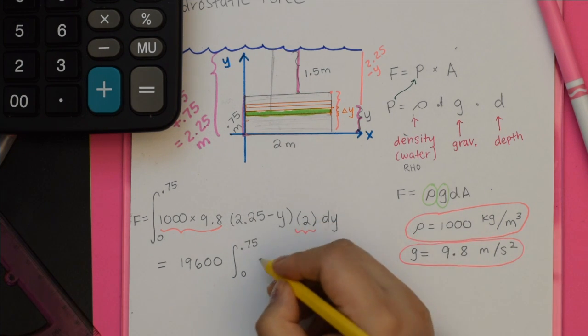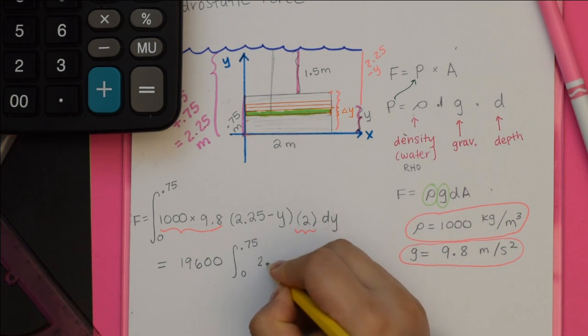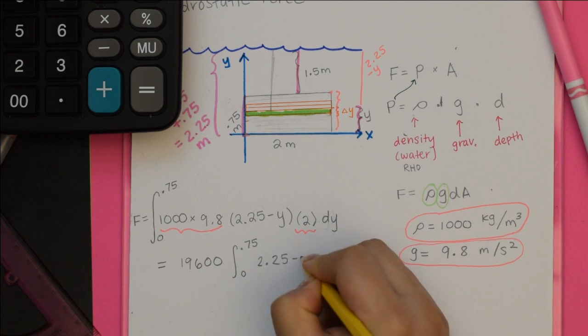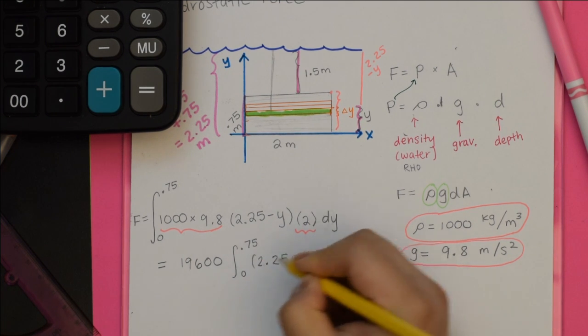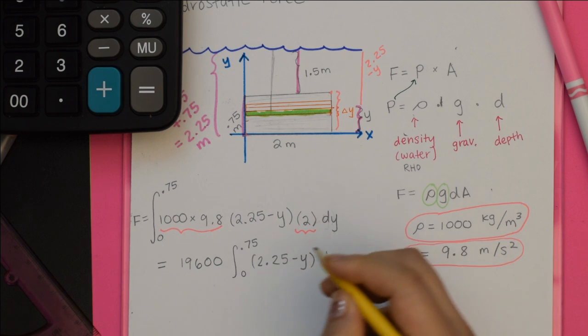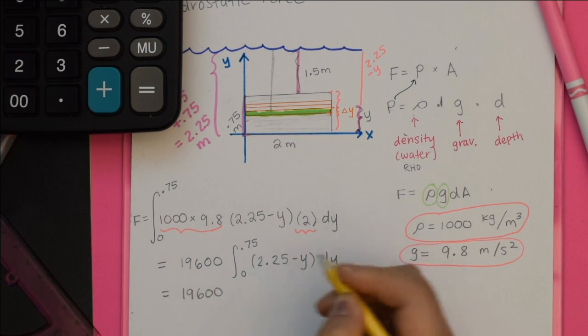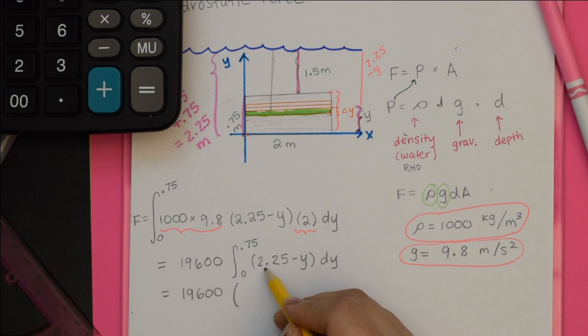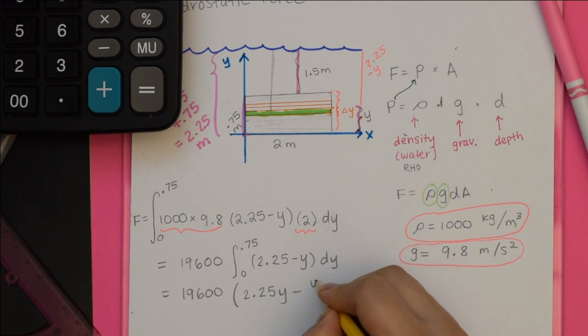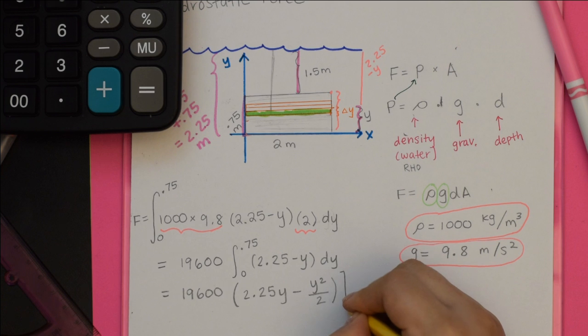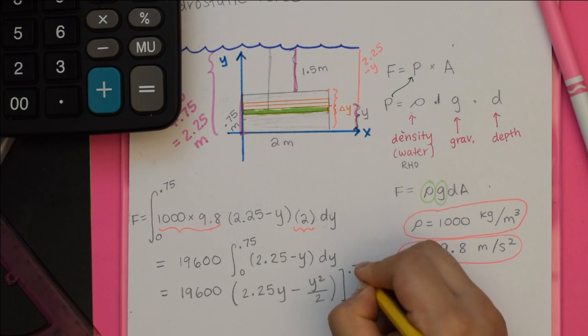So 2.25 minus y dy. So we have 2.25 y minus y squared over 2 from 0 to 0.75.